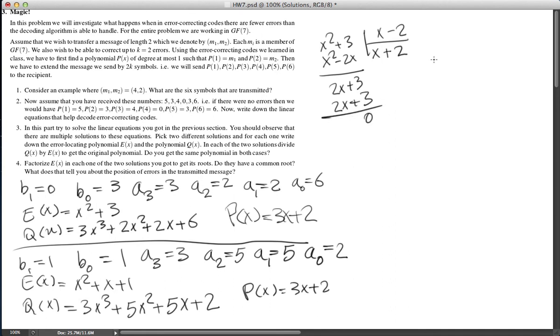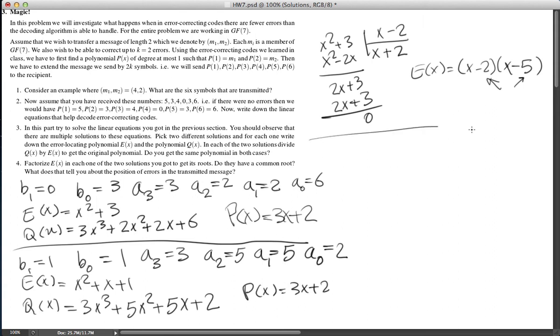Okay, so e of x was just x minus 2 times x plus 2, or I'm just going to write this out as x minus 5 in order for you to be able to see what the other root is. It's just 5. So in this case we have two different roots, 2 and 5.